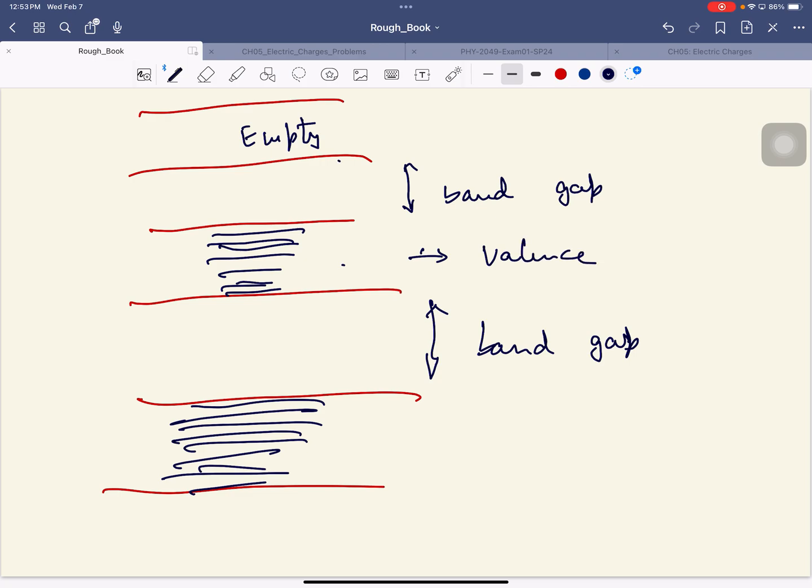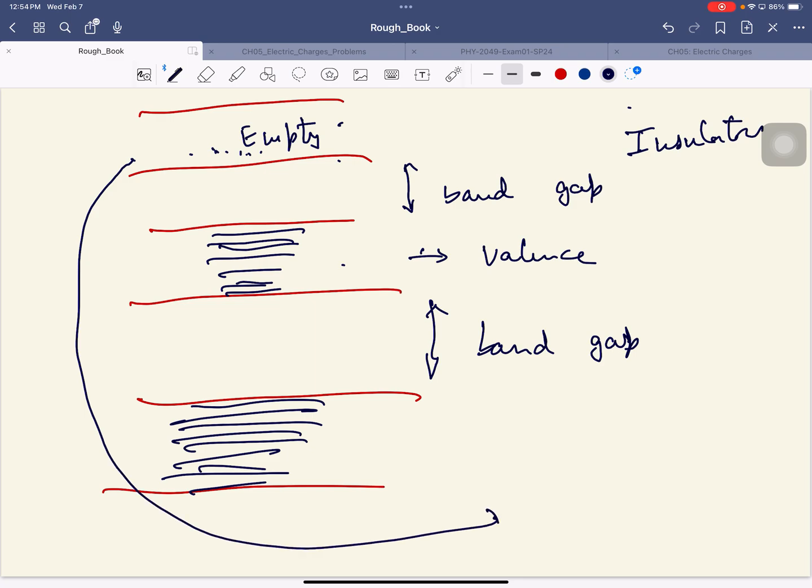And if this band is empty, this material will be an insulator, because for current to flow, you have to have electrons, you have to have a partially filled band. So for electrical conduction, you have to have a partially filled band.